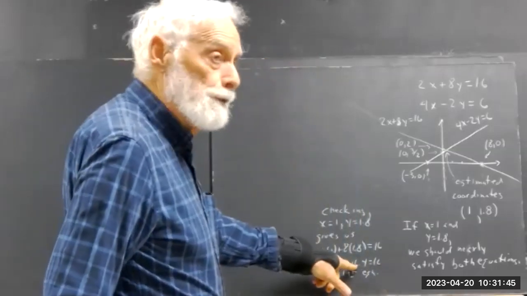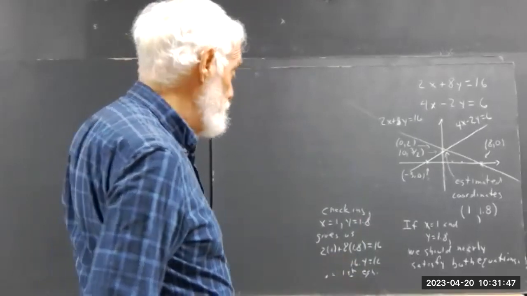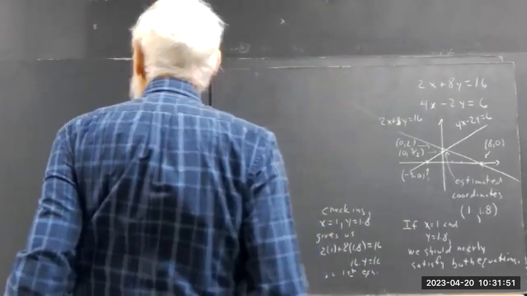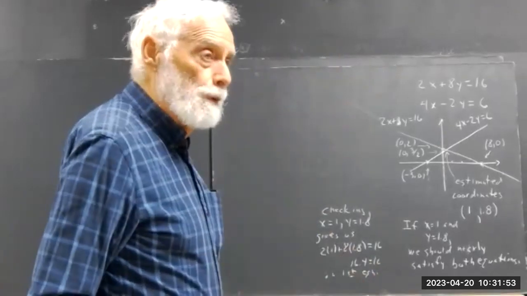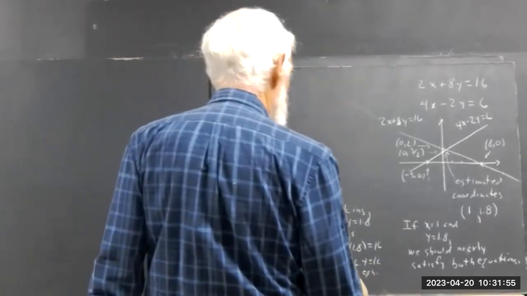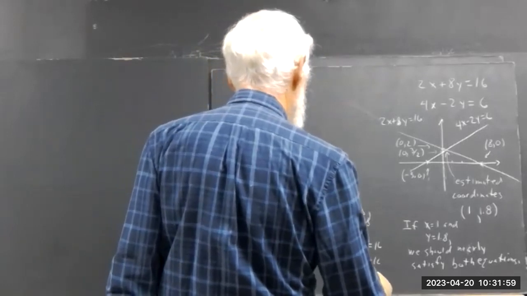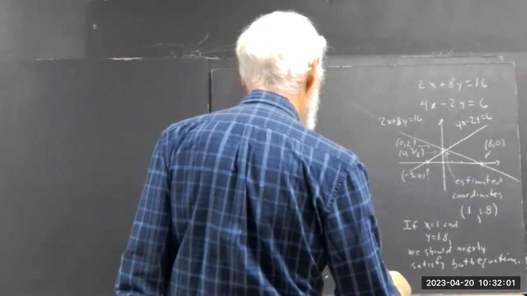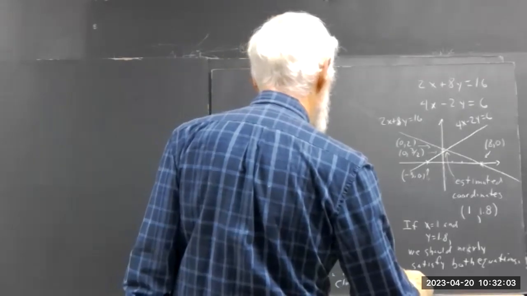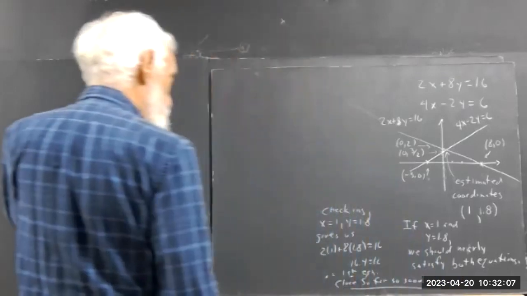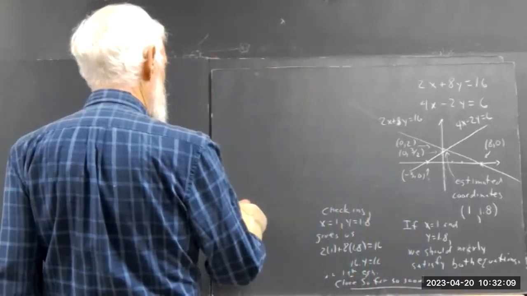So this gives us this on the first equation, okay? Just plugging it in, doing the arithmetic, I get 16.4 equals 16. This is close. So far, so good. Now check the second equation.